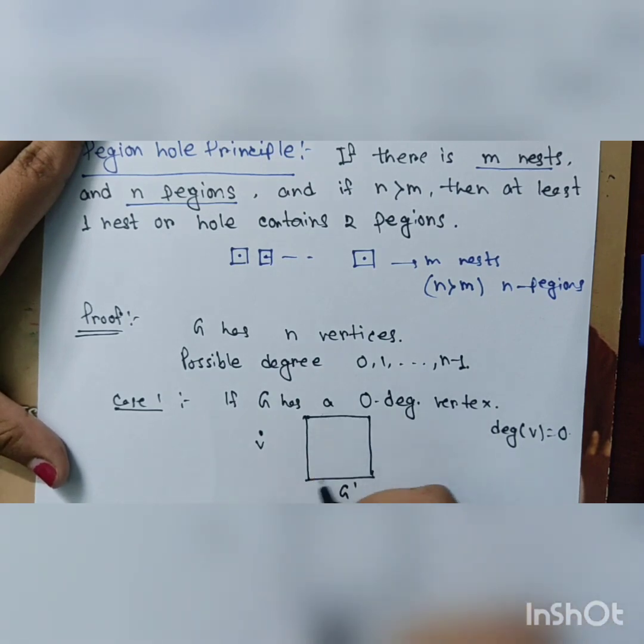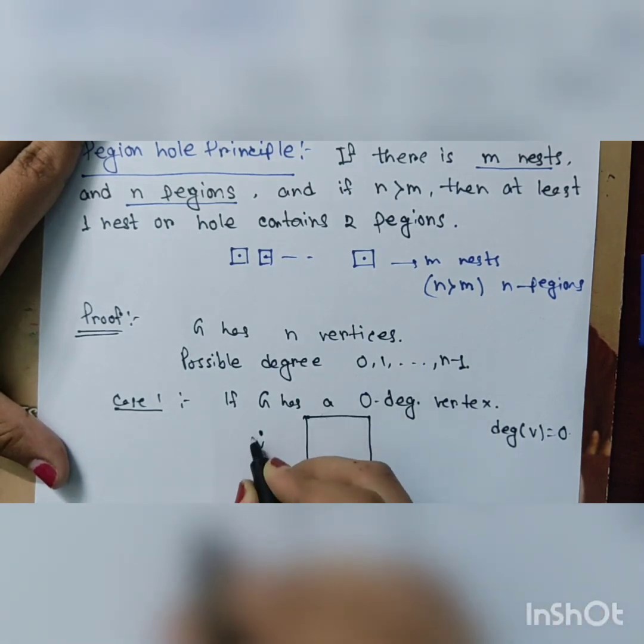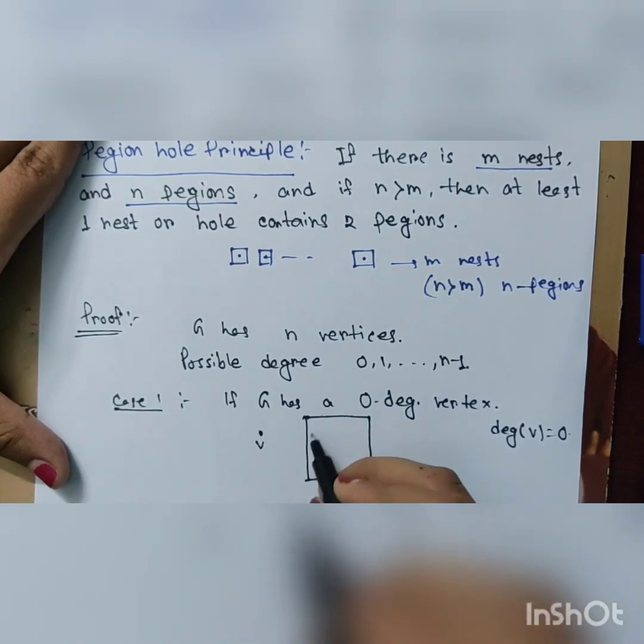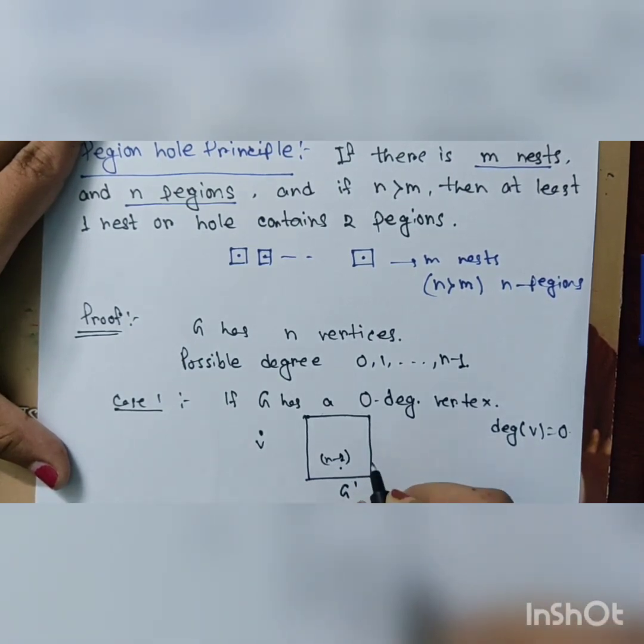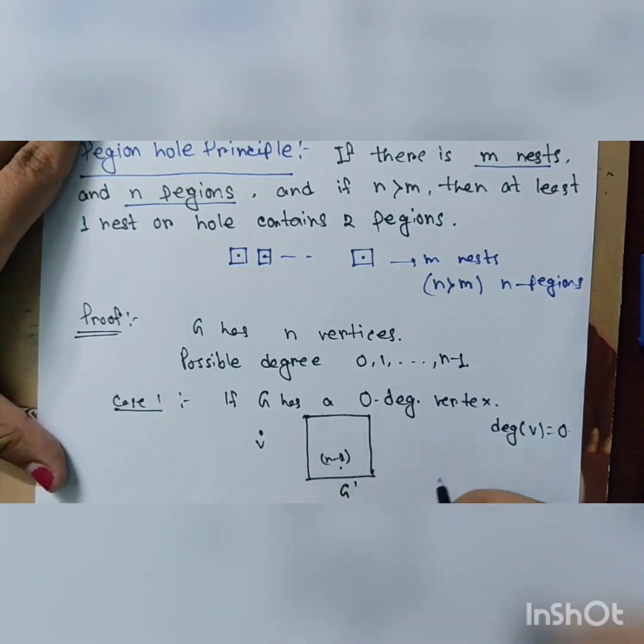So for this case, any vertex except this V, which has degree 0, has degree at most n minus 2. It is the maximum degree. So what will be the possible degrees for this graph? The possible degrees will be 0, 1, 2 up to n minus 2.